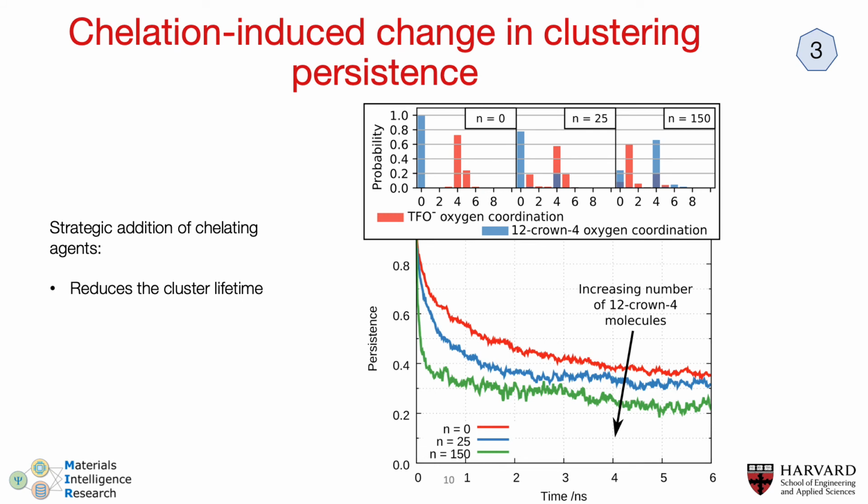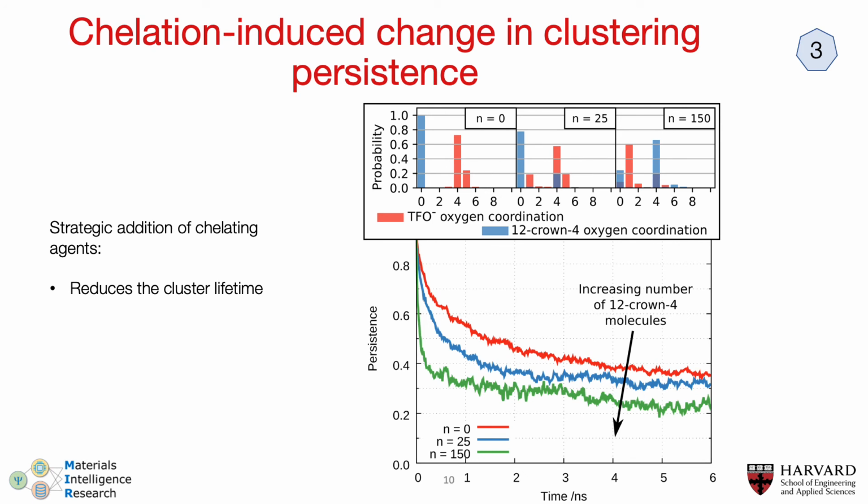Of course, having a negative cluster is only half of the picture to obtain a negative transference number, because you need negative clusters that also move together in order to carry an effective negative charge. So what we did was to define a measure called persistence, which is the measure of how long in time a given coordination environment persists.